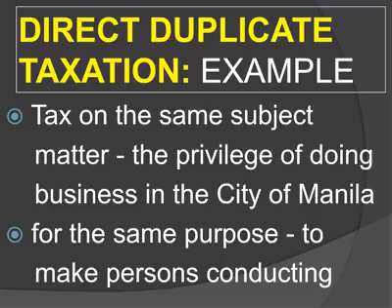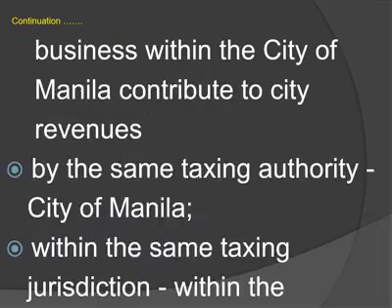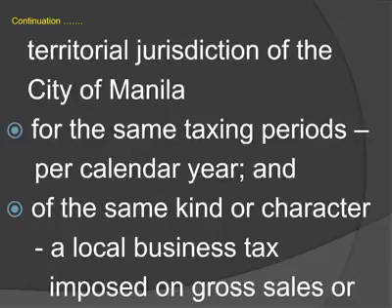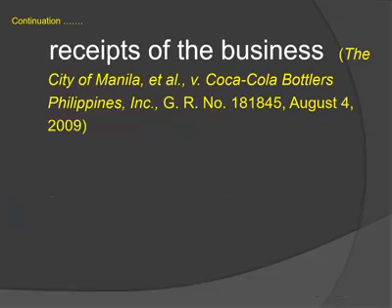So, what is an example of direct duplicate taxation? Here the Supreme Court said that the tax was on the same subject matter, which is the privilege of doing business in the city of Manila. For the same purpose, to make persons conducting business within the city of Manila contribute to city revenues, with the same taxing authority, the city of Manila, within the same taxing jurisdiction, within the territorial jurisdiction of the city of Manila, for the same taxing period, and of the same kind or character, a local business tax imposed on gross sales or receipts of the business.